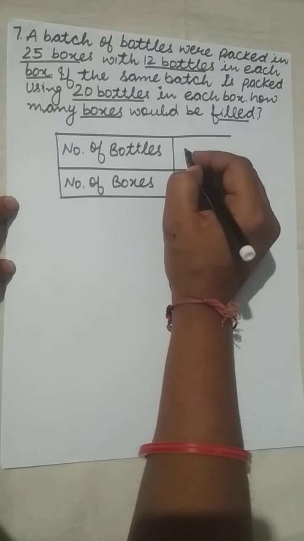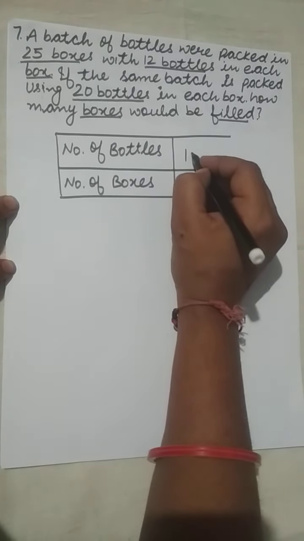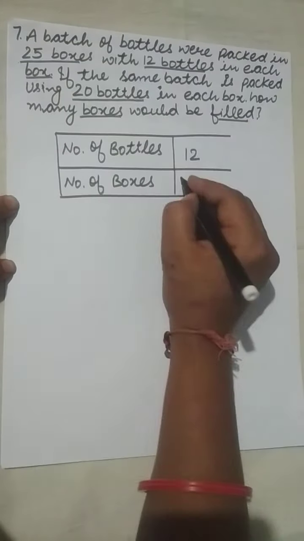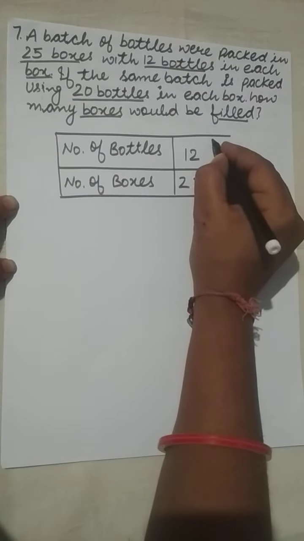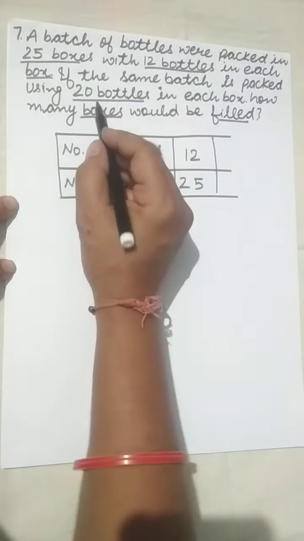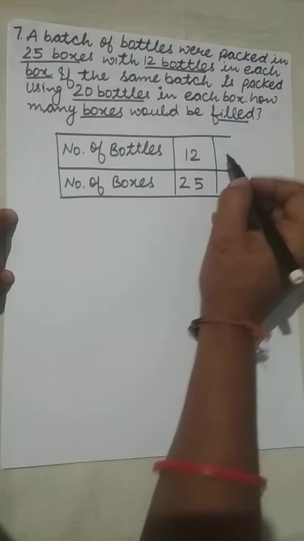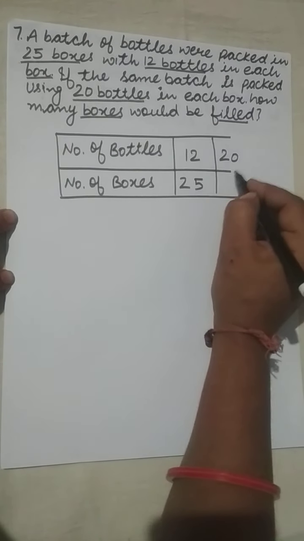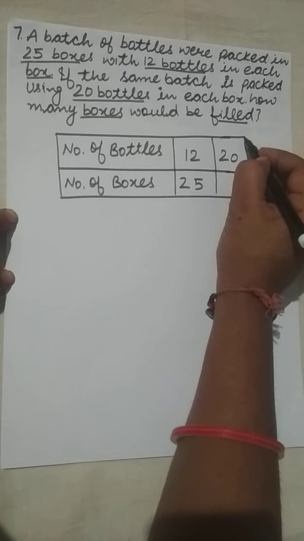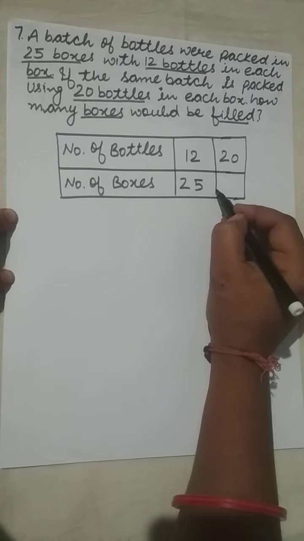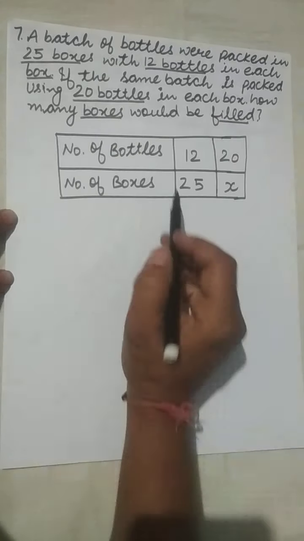If we put 12 bottles in a box, then 25 boxes are required. Now the question is, if we put 20 bottles in a box, then how many boxes are required? So I will take it as x.